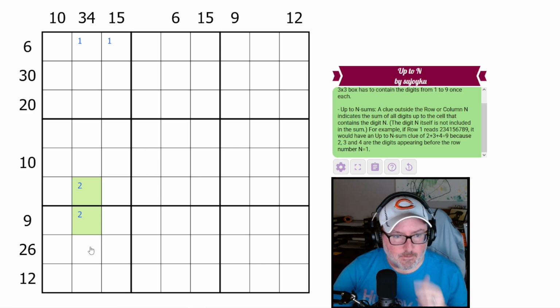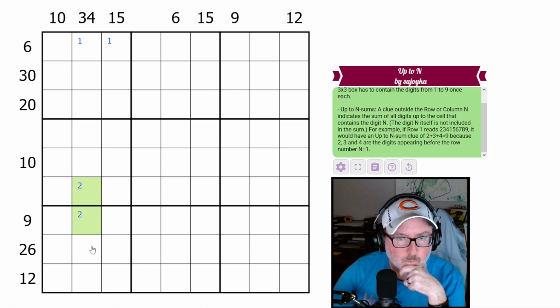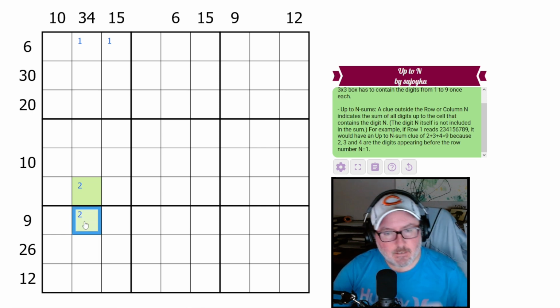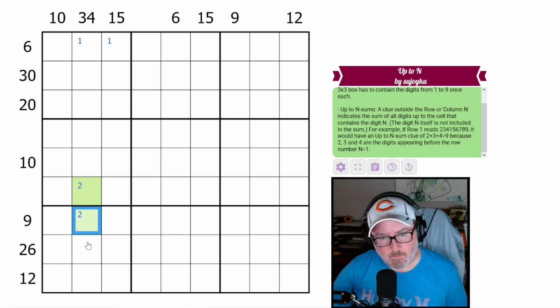Can we further reduce that in some way? Because if, let's say this was a 2, these 2 digits have to add up to 9. There's multiple ways that could work. And if this was a 2, these would add up to 9. And again, there's multiple ways that could work.